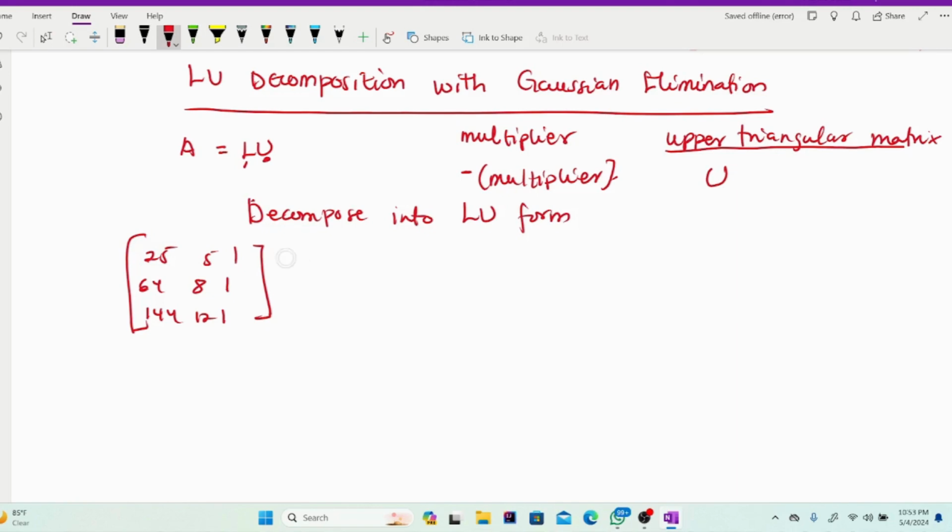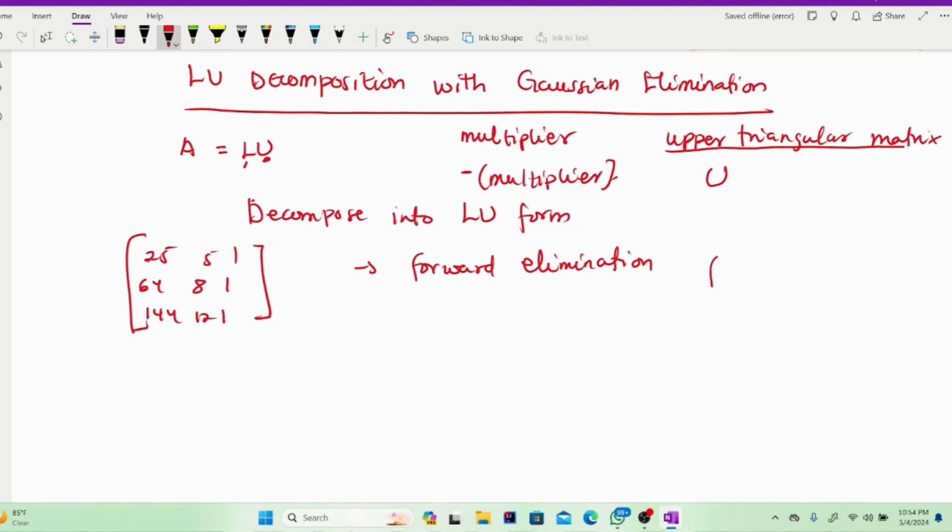We begin by using exactly the Gaussian elimination. So we start with forward elimination. For forward elimination, we need a multiplier. As we are doing the forward elimination, we put our multiplier matrix down.